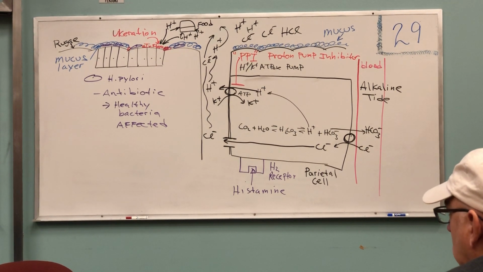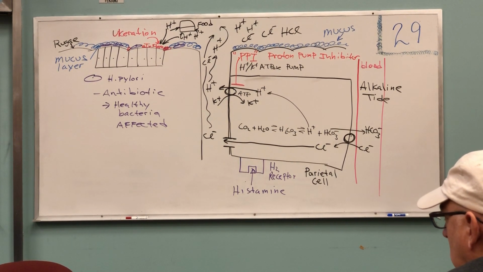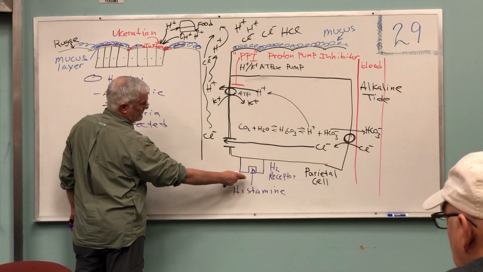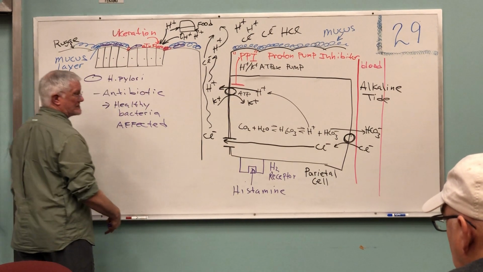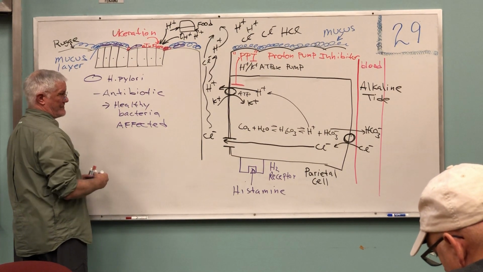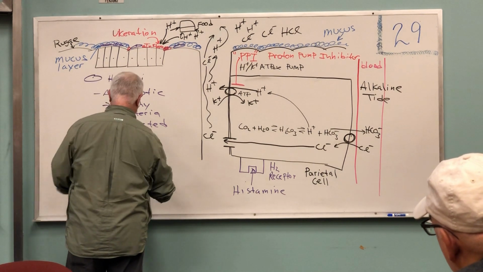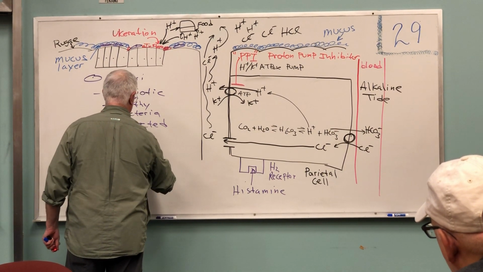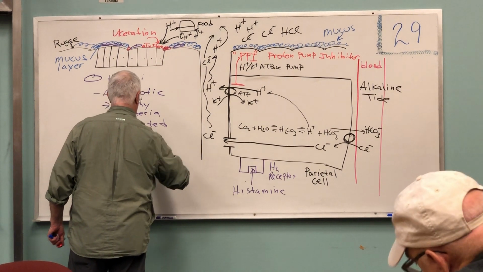There is one other way to do it, if maybe you don't want to take a proton pump inhibitor approach. And I realized, well, there's also this avenue. I can come down and do what's called an H2 blocker. And I can actually block the H2 receptor.